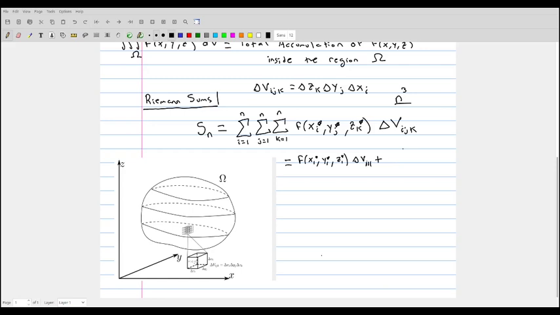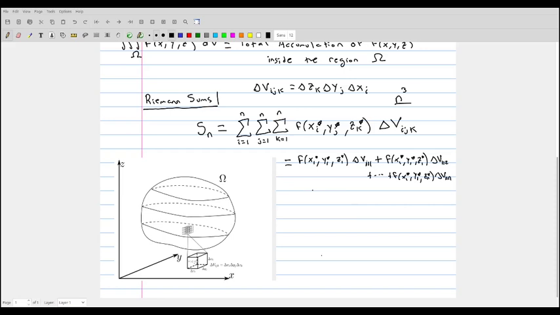and you have to add to that f of x1*, y1*, z2* times the volume of the 112 cube. You have to go all the way up to f of x1*, y1*, zn* times the volume of the 11n cube.